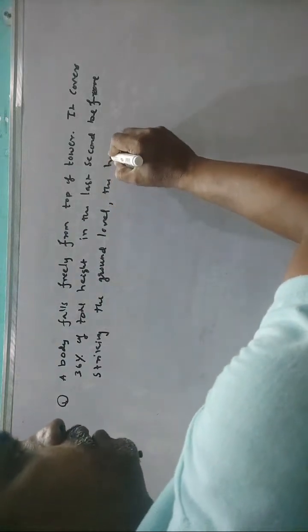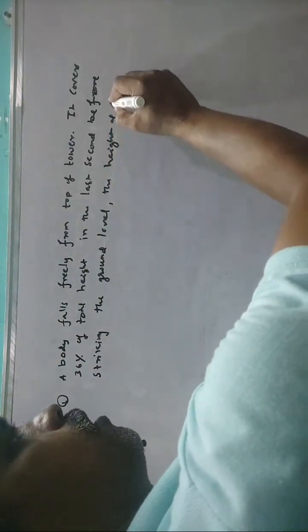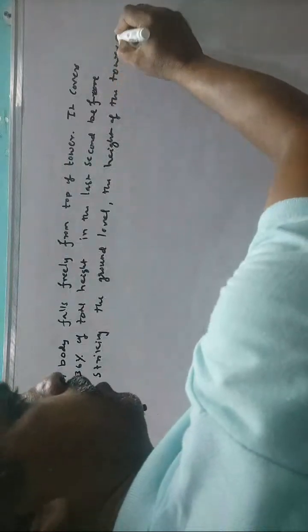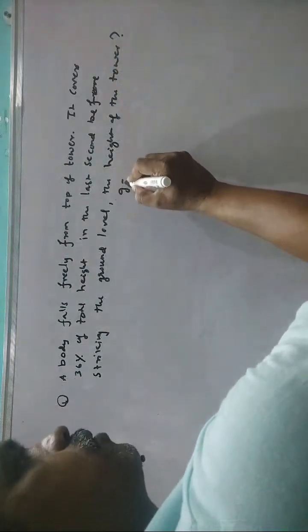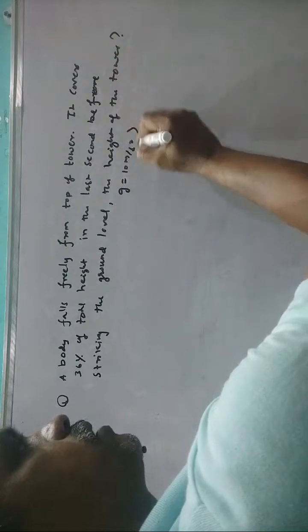The height of the tower, g equal to take 10 meter per second square.